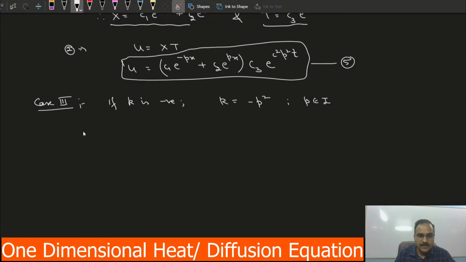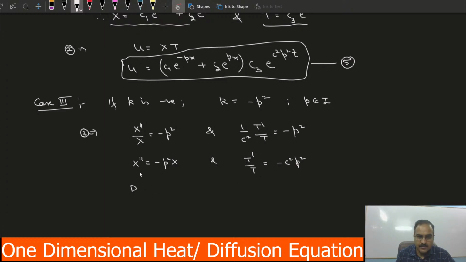So therefore from equation number 3, we get x double dash over x is equal to minus of p square, and 1 by c square t dash over t is equal to minus of p square. Okay, so it will be x double dash is equal to minus of p square x, and t dash over t is equal to minus of c square p square.